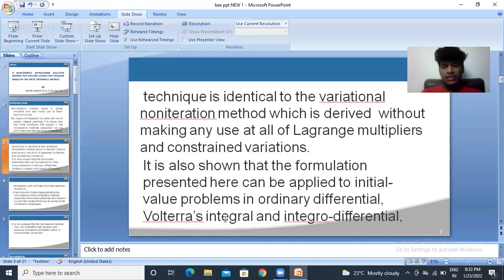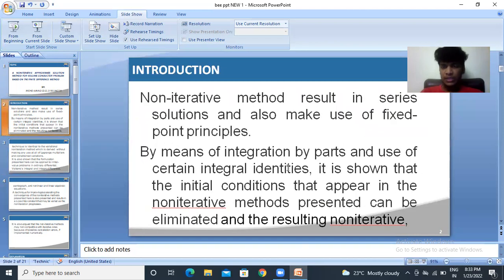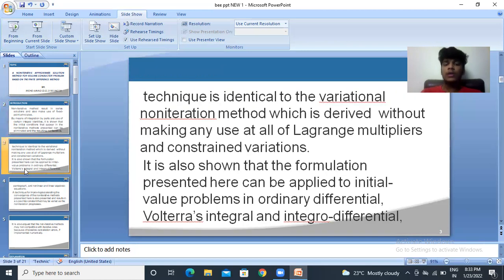So here you can see that in the previous slide, we have seen integration by parts and integral identities, along with ordinary differential, Volterra's integral, and integral differential. These are the methods which are used in the non-iterative methods.